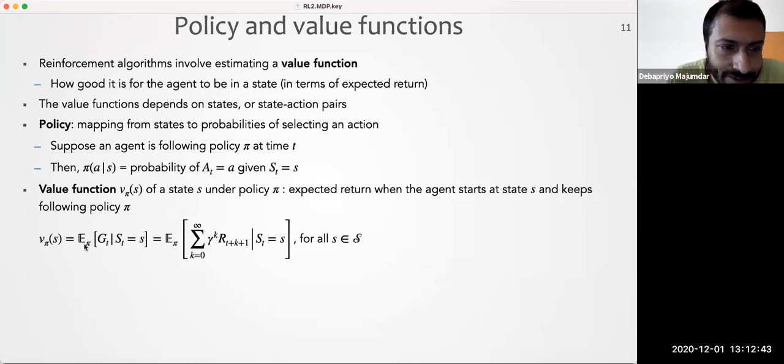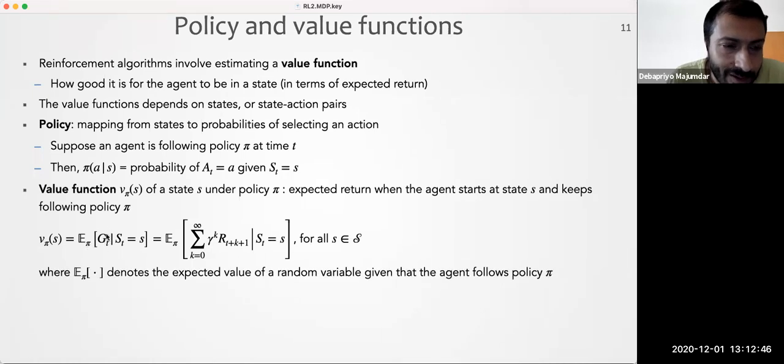That means the expected value of G_t, where G_t is my return, can be written as the sum of gamma to the power k times R_{t+k+1}, given S_t equals s. For any s in my set of states, v pi of s is defined this way.